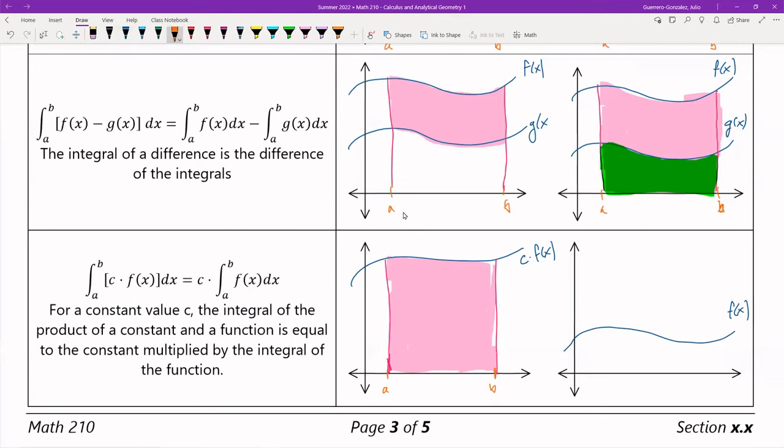That is equivalent to me doing from A to B here, finding the area between A and B. So finding all of this. It's equivalent to finding all of that area, right? And then grabbing all of that and then just doing times C. That's it. Multiply it by C.